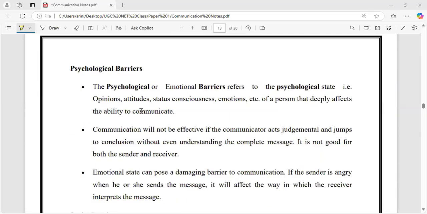So then psychological barriers or emotional barriers refer to the psychological state of a person: opinion, attitude, status consciousness, emotions of a person that deeply affect the ability to communicate.